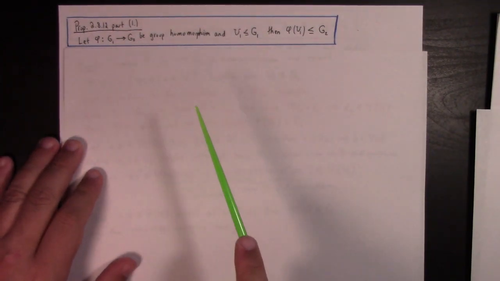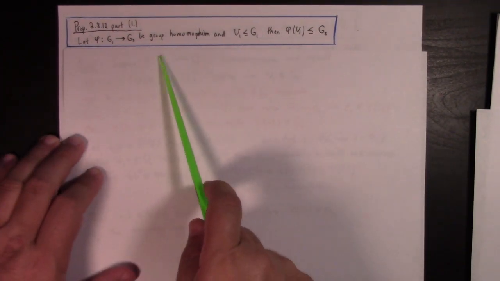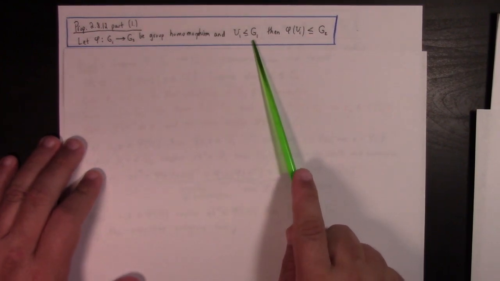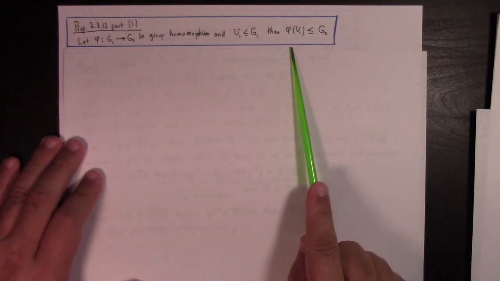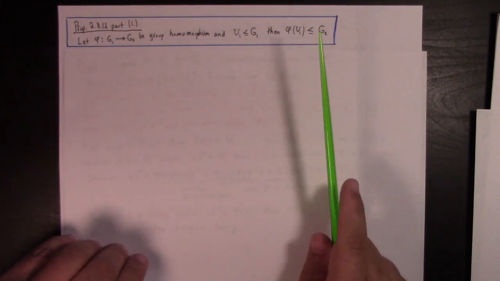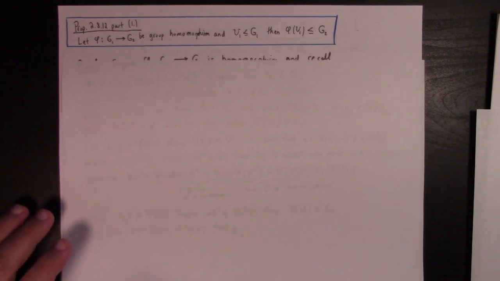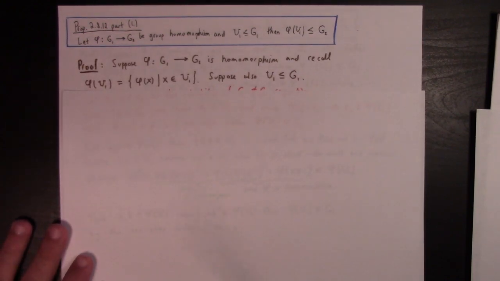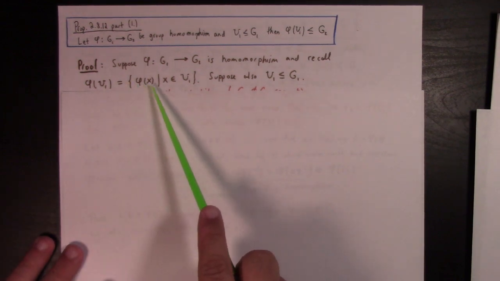The first part says that if we have a group homomorphism phi from group G1 to group G2, and we have a subgroup U1 of G1, then the image of U1 under phi is a subgroup of G2. So here's the proof. First of all, I'll suppose we've got a homomorphism. I'll suppose that the image is defined as it usually is, the set of outputs with the input from U1.